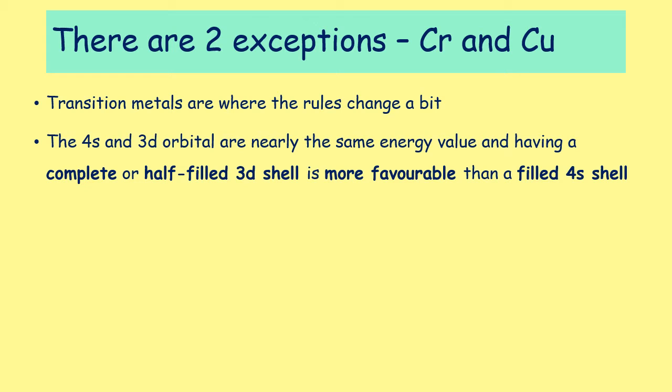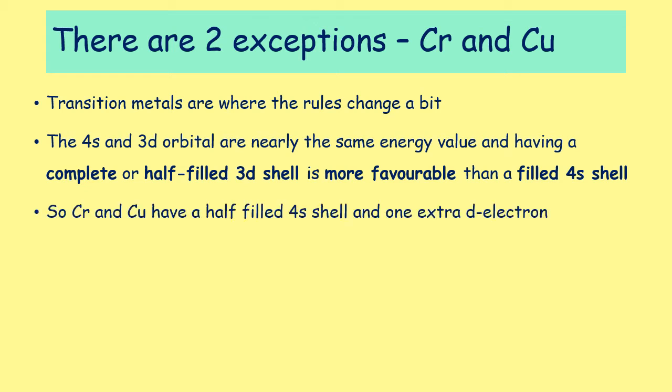That's going to be preferential to having a completed 4s orbital and 4 electrons in the d orbitals, or 9 electrons in the d orbitals. And chromium and copper are the 4th and the 9th elements within the transition metals. So they are the ones where this comes into play.